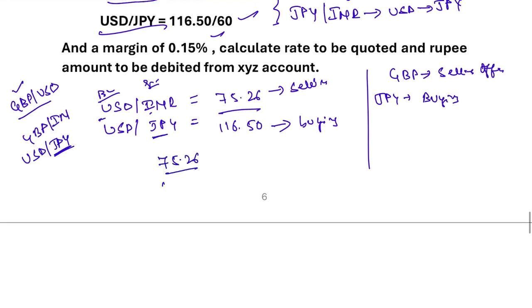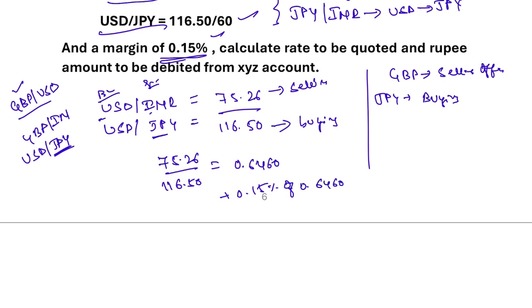75.26 by 116.50. This is nothing but around, you will get 0.6460. Got it? And he has given a margin of 0.15. Margin, what should we do? Always we add it to the margin. 0.15 percentage of 0.6460.